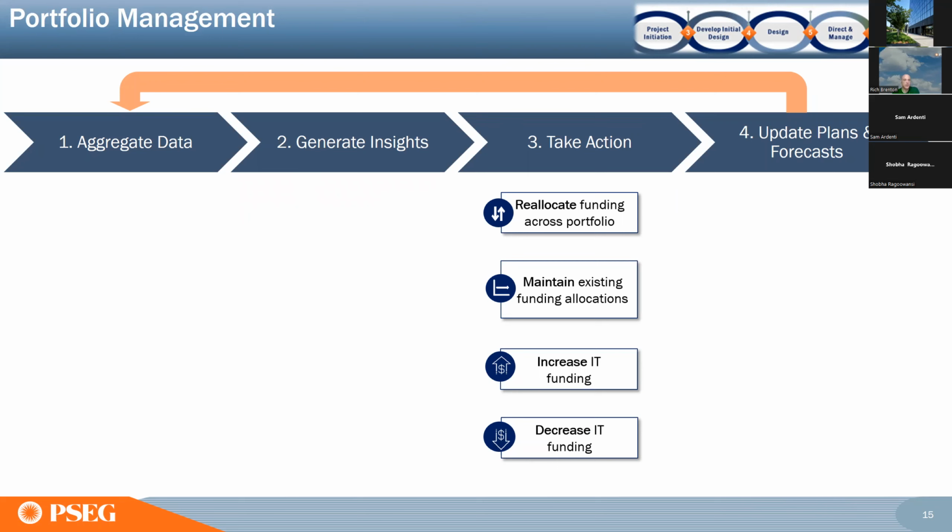This all becomes much more objective data that allows us to have data-driven conversations with our line of business, especially when it comes to understanding the true cost of initiatives, right? I've had many conversations of, oh, why does this cost this?